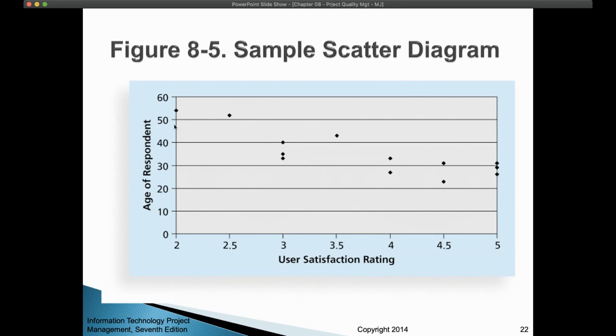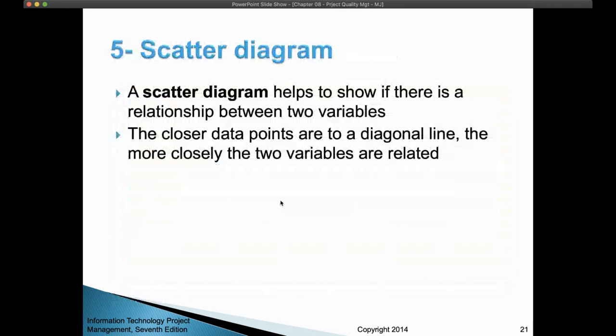While in the 40s they have only 3.5 satisfaction. 50s, before 60s, 50 to 60, they have from 2 to 2.5 satisfaction rate. So here the scatter diagram will show you the relationship between two things, between the age and the satisfaction, or anything else, but this is just an example.